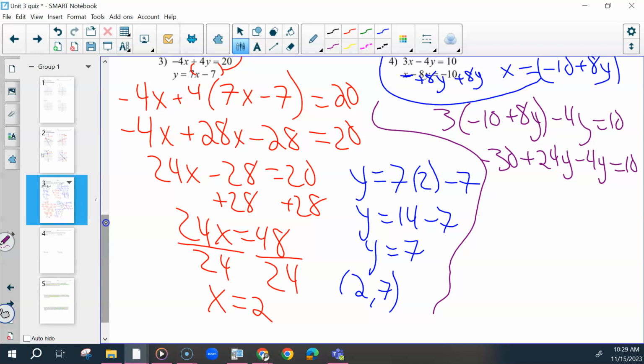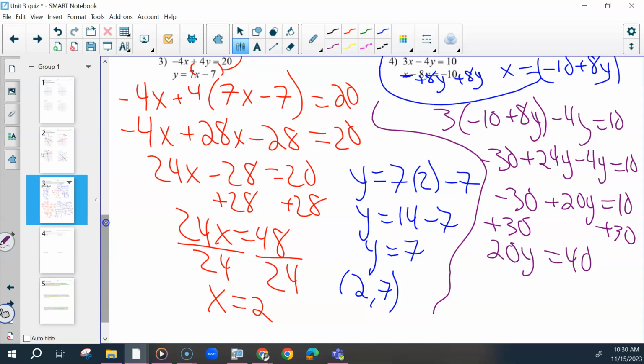Combine your like terms. Add 30 to both sides. And divide both sides by 20.